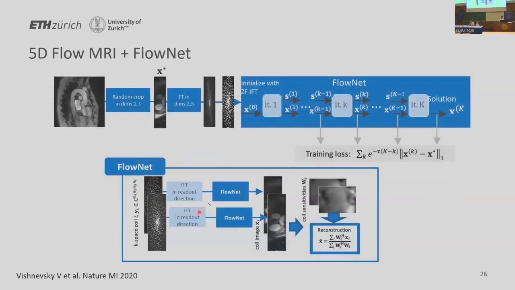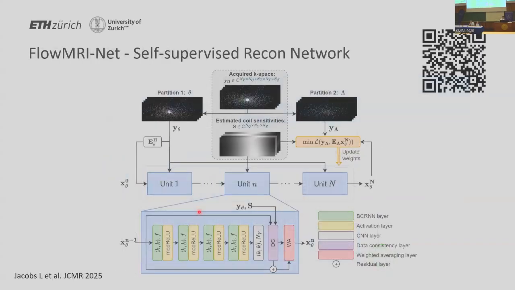And for example, we had Flow VN, that was the first one that was introduced, so that did the job in under a minute. Now we have Flow MRINet, a bit more advanced, self-consistent learning, QR code for those interested in deploying it. That is actually working with the very same data, no longer needing separate training data. So that works quite well.